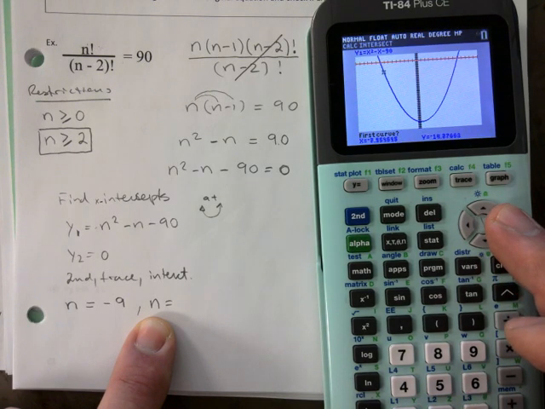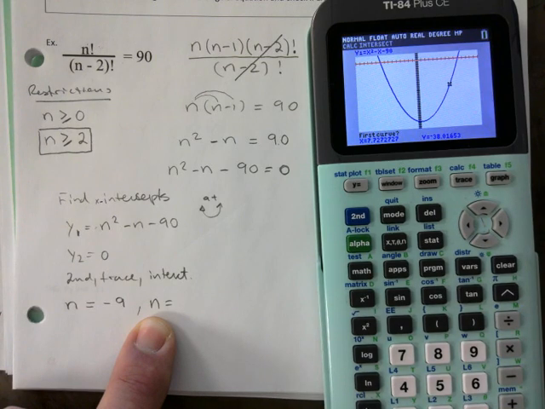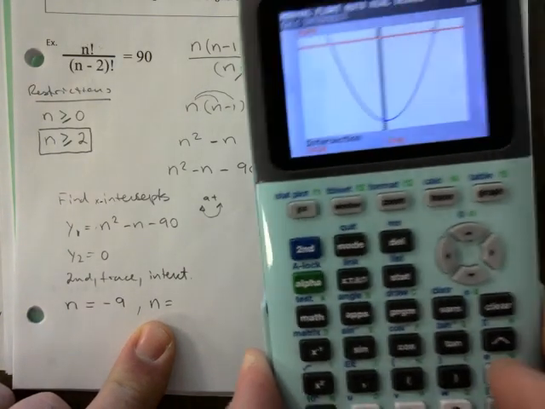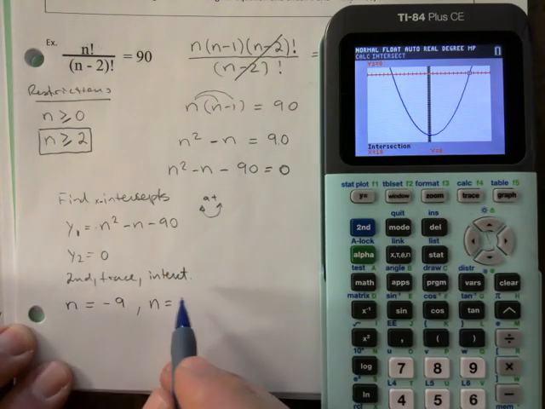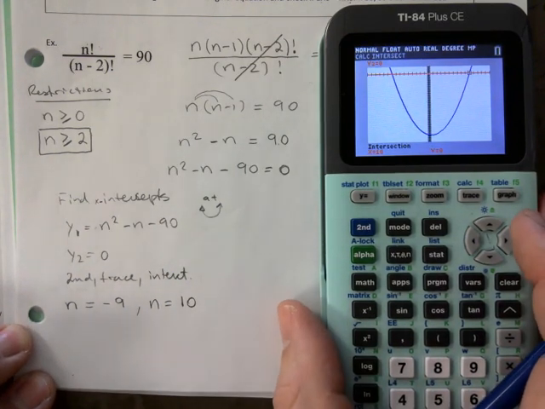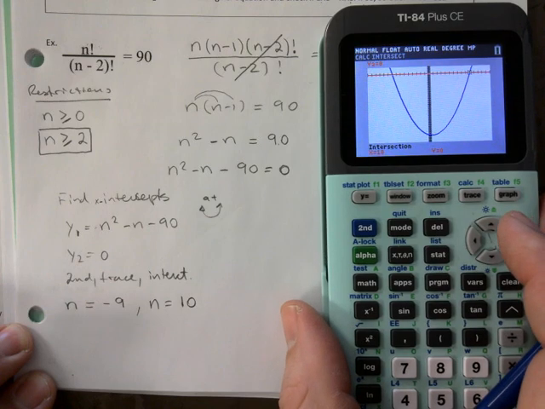Now you got to go all the way over to the next one. That's technically close enough. It will just go to the one that's closest to it. Hit enter 3 times. And you get 10. Positive, right? There we go.